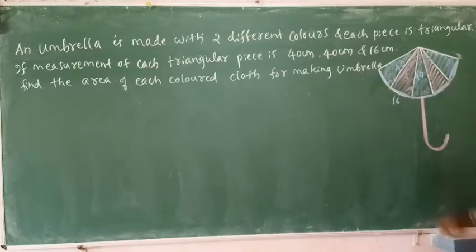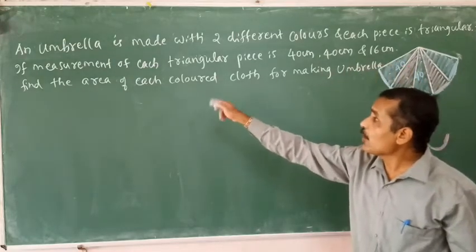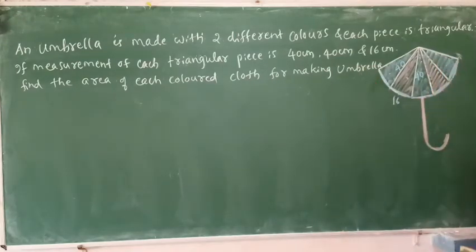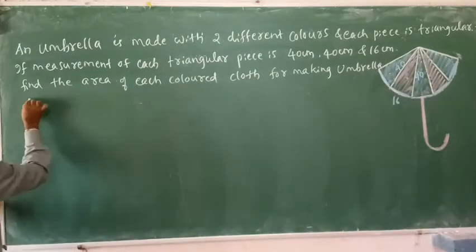Okay, this is our triangle, triangular in shape. 40, 40, 16 are the measurements of each piece. Find the area of each colored cloth for making the umbrella. Let me continue the problem.